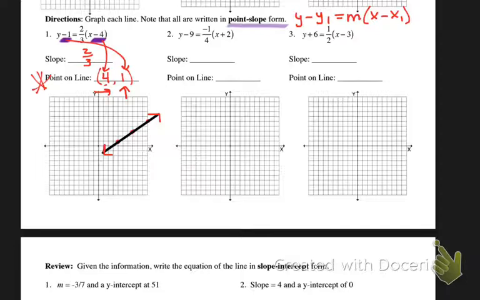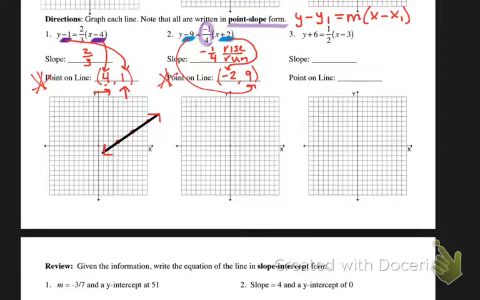Example number 2. Your slope is always in front of the parentheses. So we're actually going to rise by going down 1 and run 4, but we do that last. For your point, the number with the x looks like a +2, so we do the opposite, and it's a -2. The number with the y is a -9, so we take the opposite of that, and it's a +9.